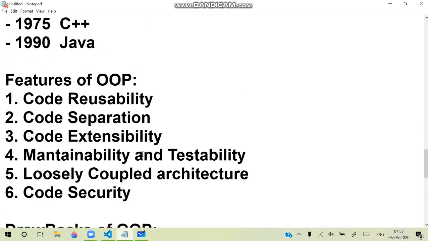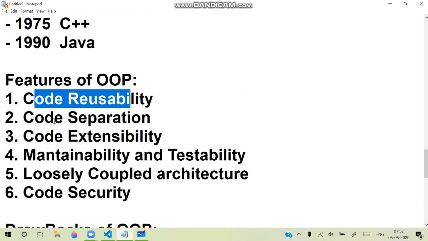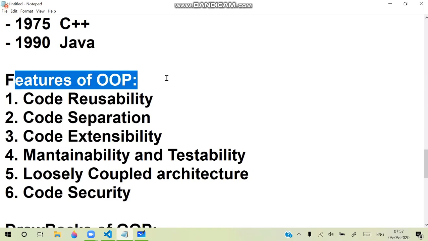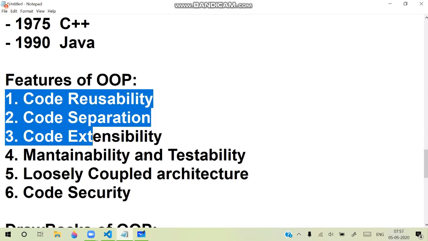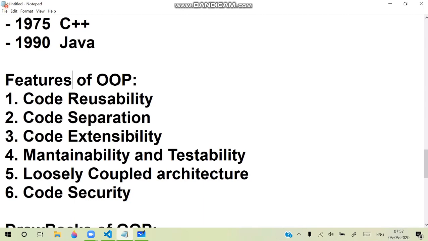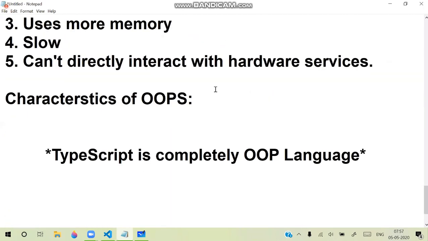The point is how OOP languages are capable of code reusability, code separation, and code extensibility. That means how these features are available, and how it supports these features. It is because of its characteristics. And what are the characteristics of OOPs?